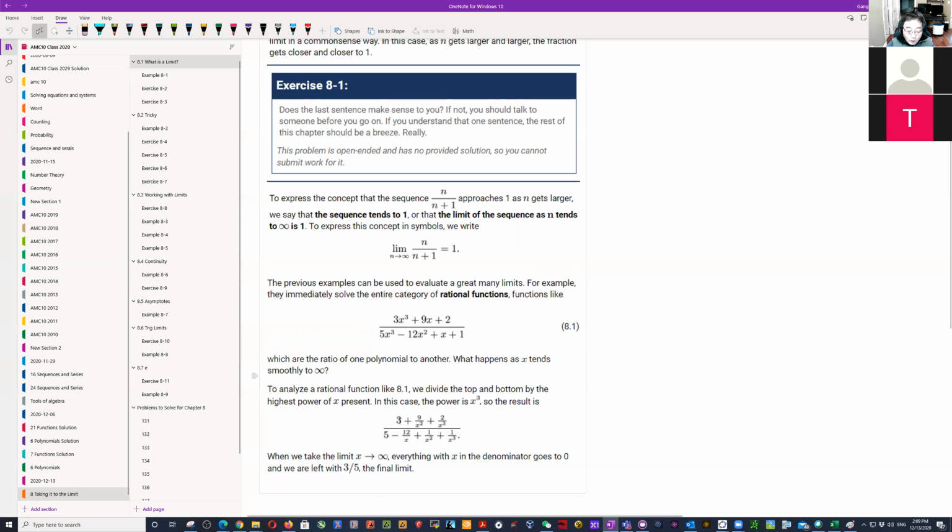This type of problem is actually quite easy. For example, the highest power here is 3, so we divide by x cubed on both numerator and denominator.